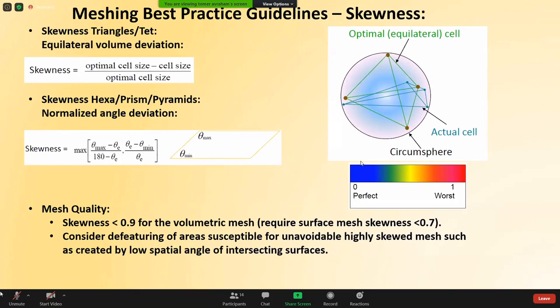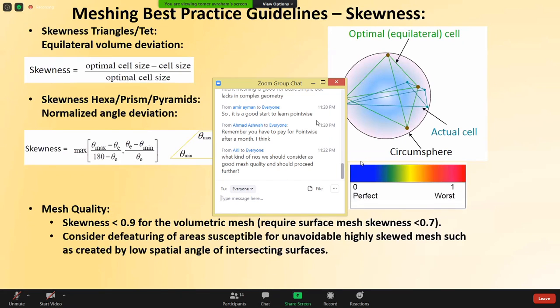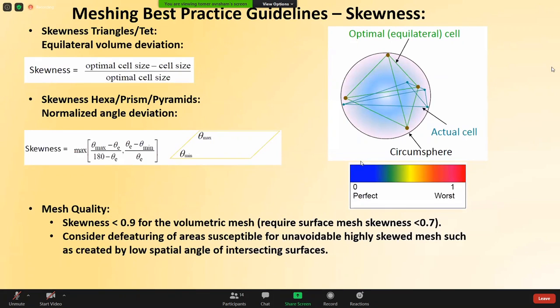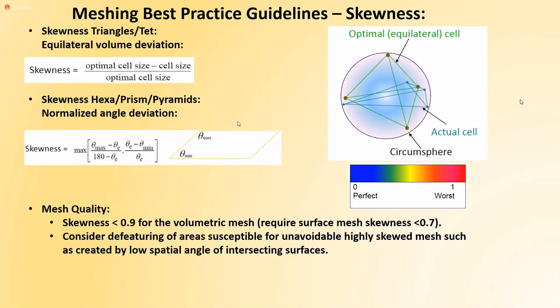What should we consider as good mesh quality and proceed with? Okay, so I'm going to say it now. For skewness, 0.9, you can continue forward.